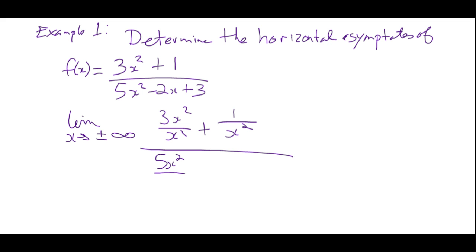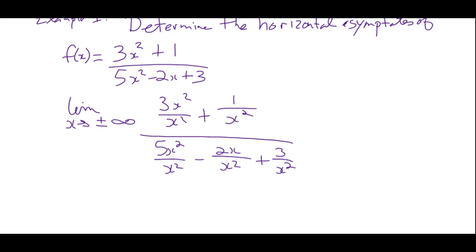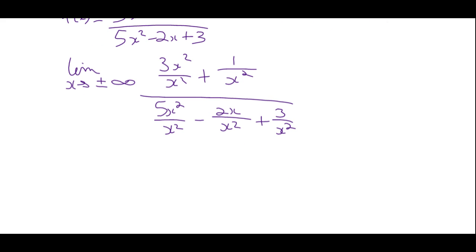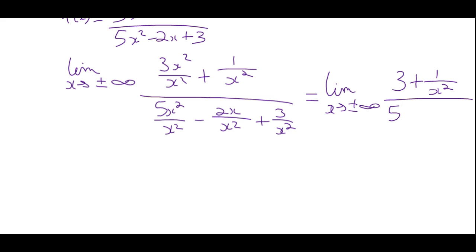5x squared over x squared minus 2x over x squared plus 3 over x squared. Which is, let's go across. Okay, so what do we got? 3 plus 1 over x squared over 5 minus 2 over x plus 3 over x squared.